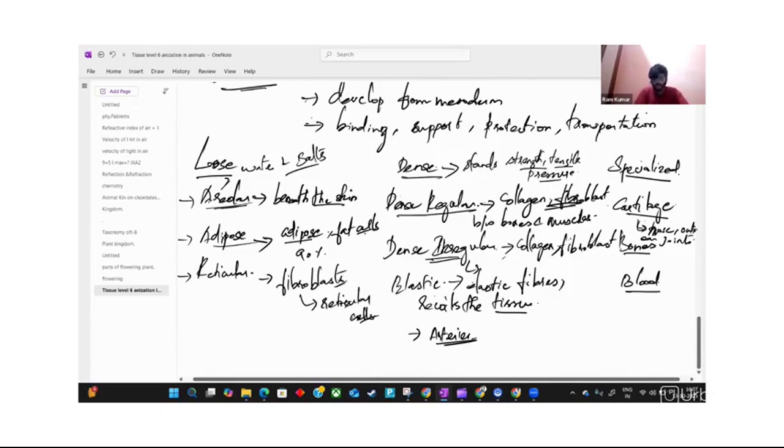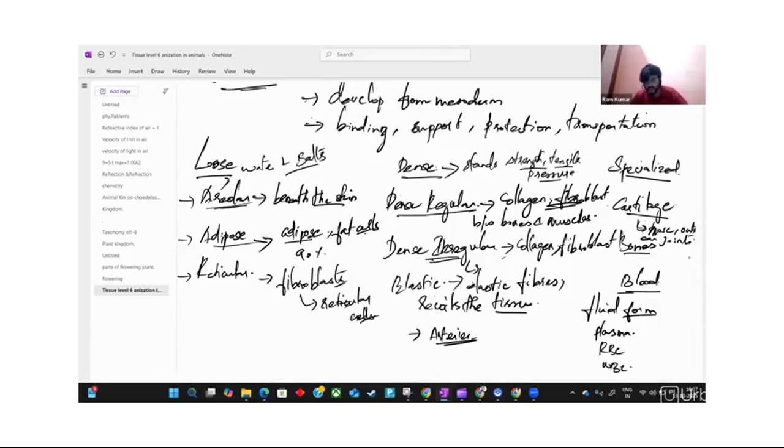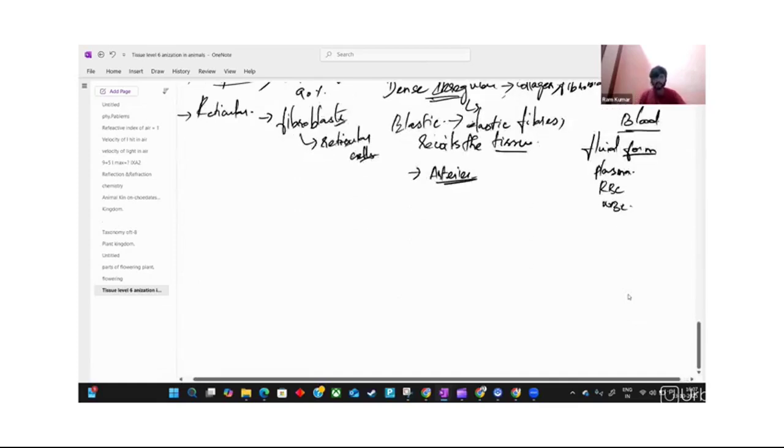Blood is the only connective tissue which is in a fluid form, which contains plasma, RBC, WBC, and finally platelets.